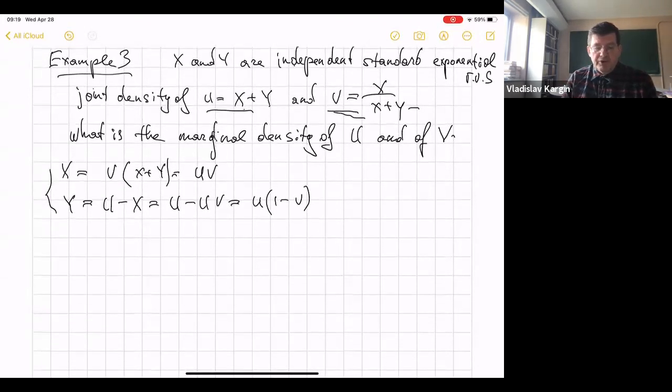And what about the Jacobian of the inverse transformation?